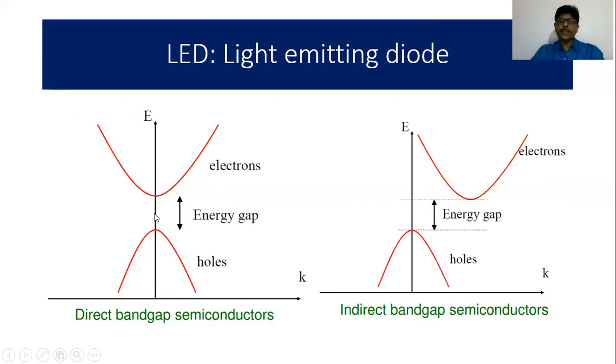Such semiconductors are called direct band gap semiconductors. In the second diagram you can see the maximum of the valence band and the minimum of the conduction band occur at different values of k. This is called an indirect band gap semiconductor. We shall see what are the differences between a direct band gap semiconductor and an indirect band gap semiconductor.